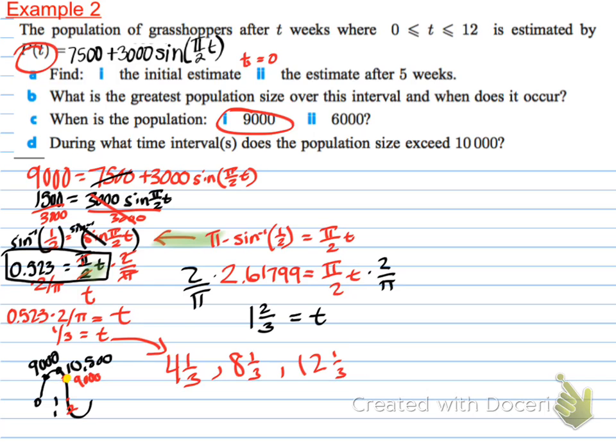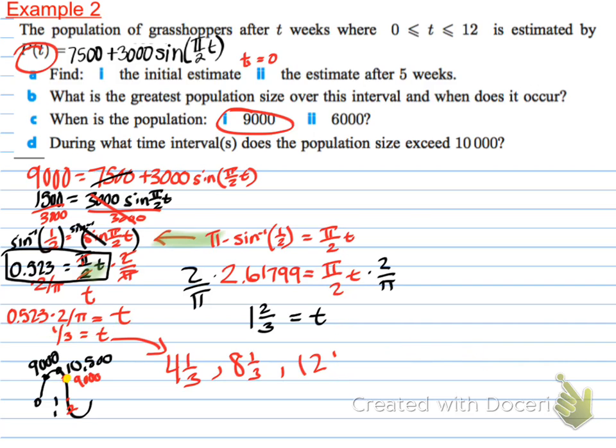I can do the same thing with this value. I can add on a period. 5 2/3 weeks. 9 2/3 weeks by just adding a period. Remember, our period is 4 weeks. So those are the way we find infinite values. But just finding the first two is all that I'm looking for you to be able to find, especially for your project. So now you're ready to try some on your own.